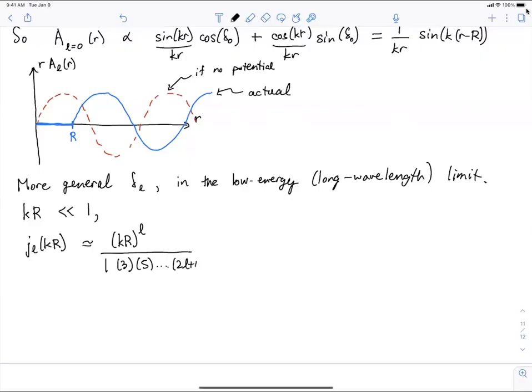It's basically a factorial, but you leave out every other term. You leave out all the even terms. So this is 2L plus 1 double factorial. That's just defining what double factorial means.